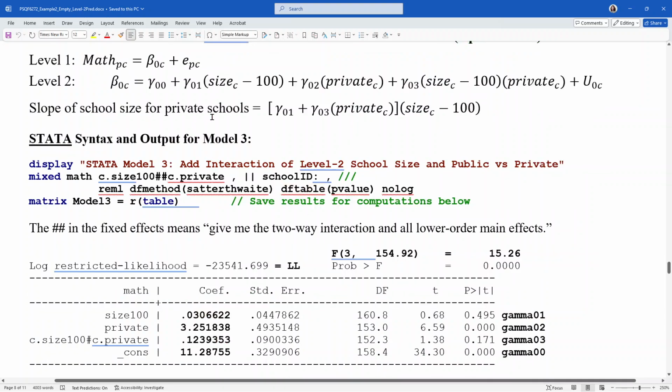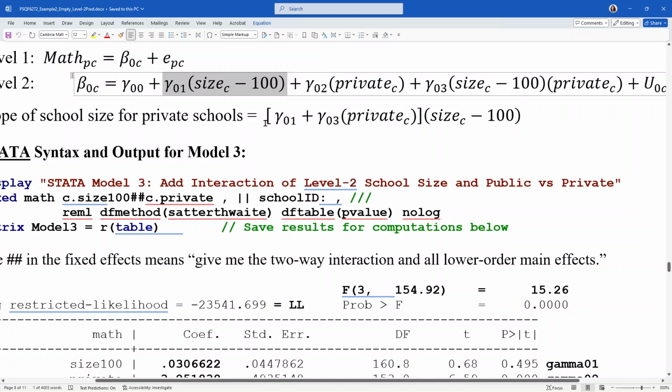In the equation, the effect of size here, we would call a simple main effect or a conditional main effect, because you can't just say this is the slope for the effect of school size. That's incomplete. Given the interaction term right here, gamma 01 is only the slope for school size if the interaction term goes away. Otherwise, school size shows up here too.